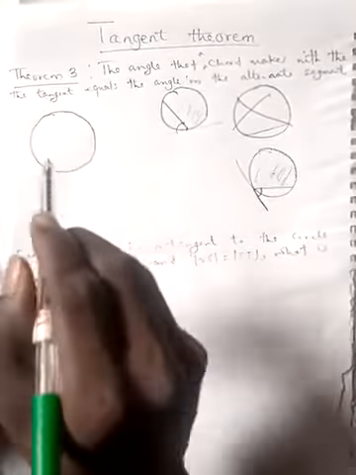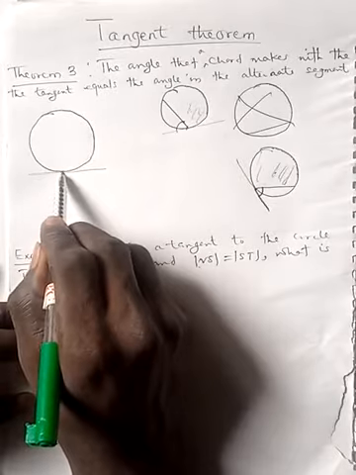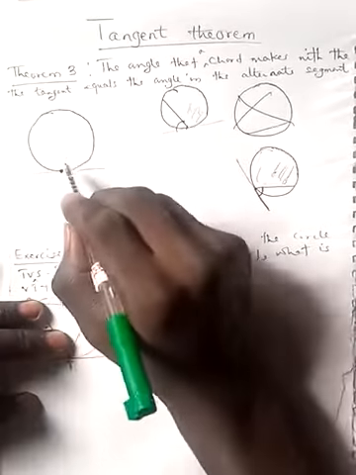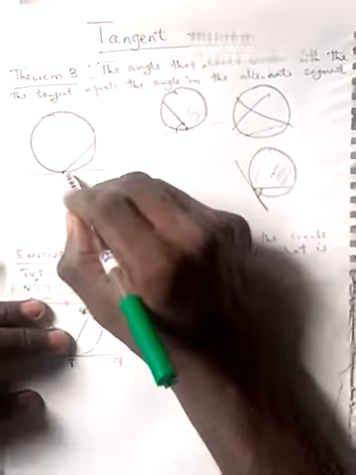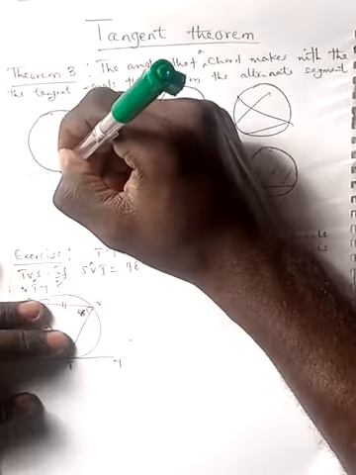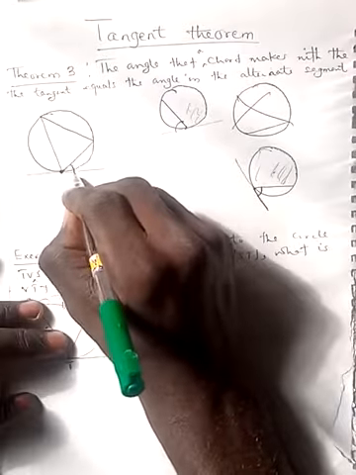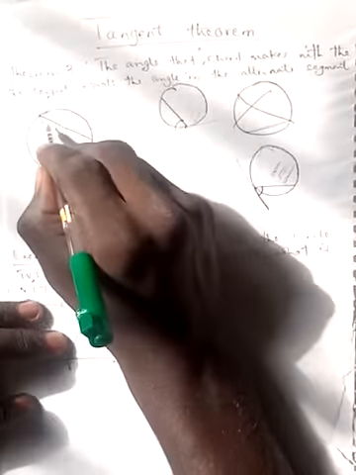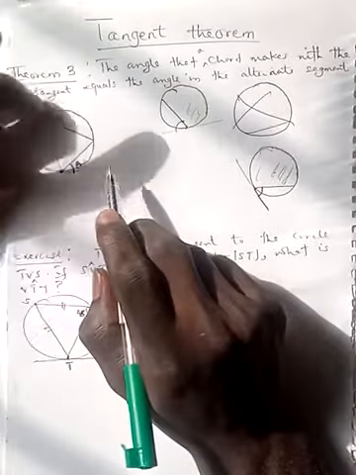Here is a circle. Let's say this is a tangent that touches the circle at this very point. If this is a chord, and let's say there is an angle built on this chord, this angle theta, according to this theorem, equals this angle, which is the angle in the alternate segment.